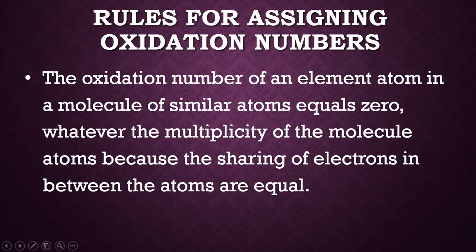First of all, the oxidation number of any element given in a molecule of similar atoms equals 0. So if you have a monoatomic molecule or a diatomic molecule, or even more than that, of any element, we can say that the oxidation number of this element equals 0, whatever the multiplicity of the molecule's atoms, because the sharing of electrons between the atoms of any element is always equal.